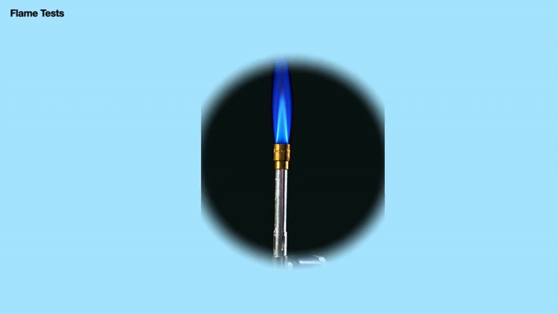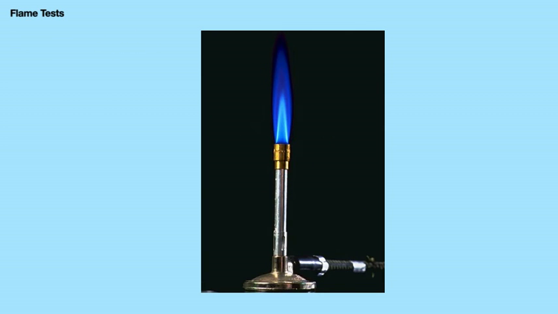Okay, now I want to look at flame tests. Flame tests are a way of testing for certain metal ions in compounds. You're looking for certain metals in compounds. So what you do, you get a little glass rod and you make it damp at the end. You stick it into your chemical so you've got a little bit of the compound on the end of the glass rod.